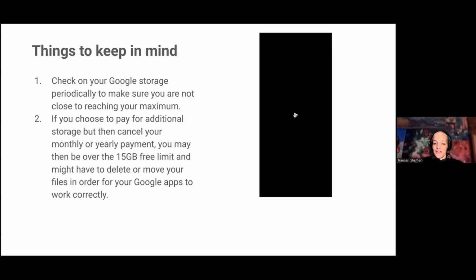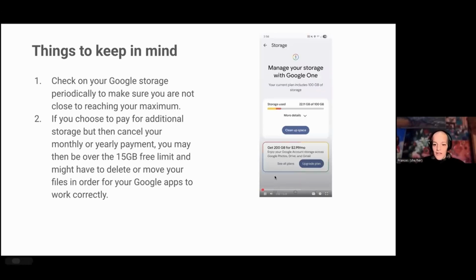I wanted to show you here too, just what my storage looks like from my personal account because it's a little bit more interesting. It's more complicated than the other account that I showed you that wasn't using much space at all. So this is what mine looks like. This is my personal account. I pay for 100 gigabytes of storage and I haven't used that much, but I do have it broken down here.